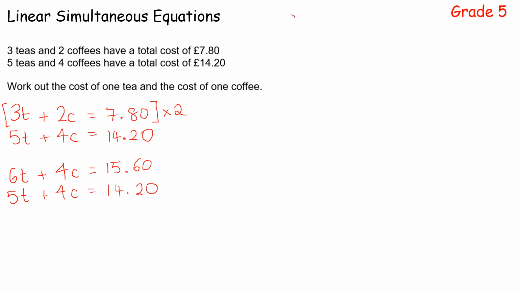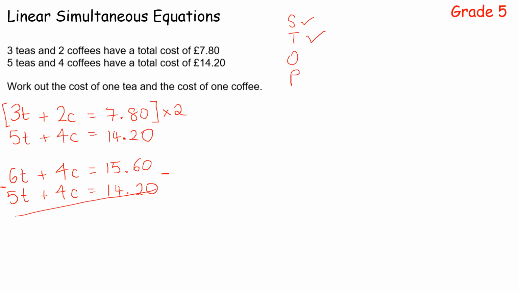Okay, don't forget STOP, we should know that stands for same, take away, opposites, plus. Looking at my signs, they are the same, so I'm going to take away. So I'm going to show that I'm subtracting both equations.